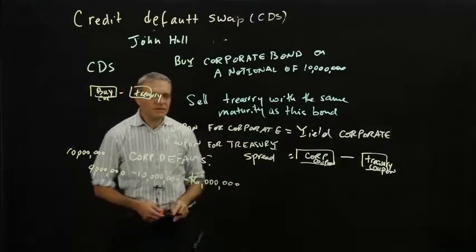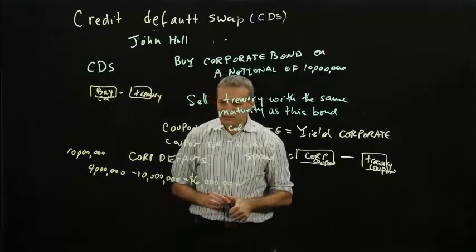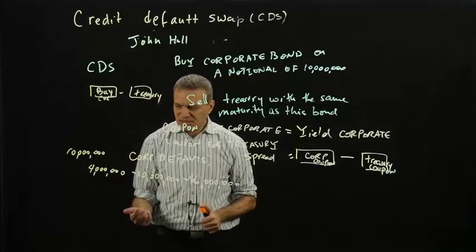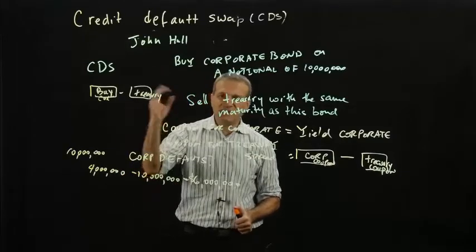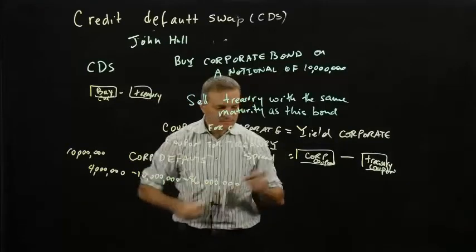Okay? So what do we see here? This is actually very, very interesting, because what happens here is as follows. You have 4 million minus 10 million, you have 6 million. This is exactly identical to what would happen if you would just sell a CDS.